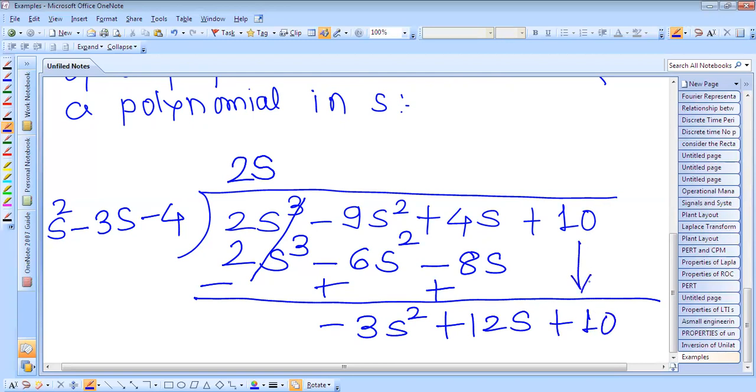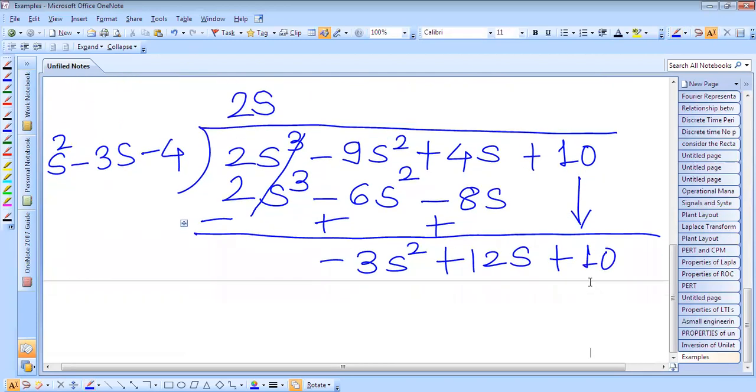Now again, what do we require here? We require minus 3s squared, so s squared is already there, so we require minus 3.